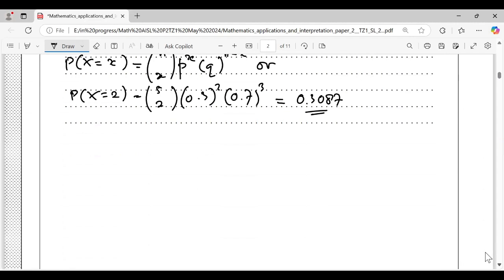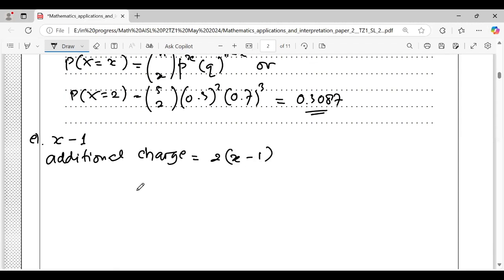All right. The excess weight beyond 1 kg is x minus 1. So the additional charge is 2 times x minus 1.